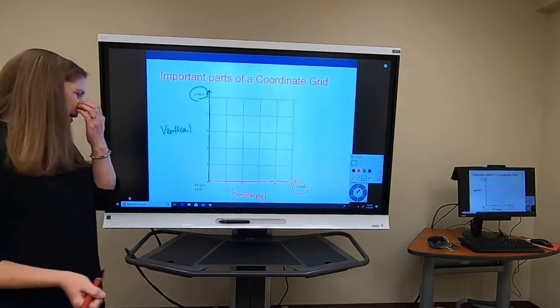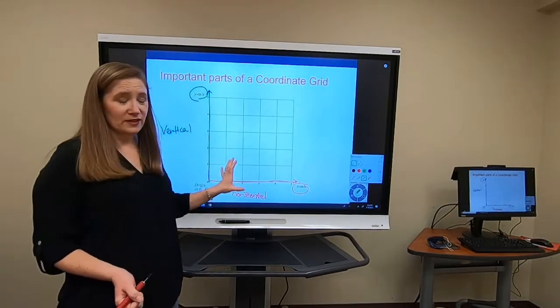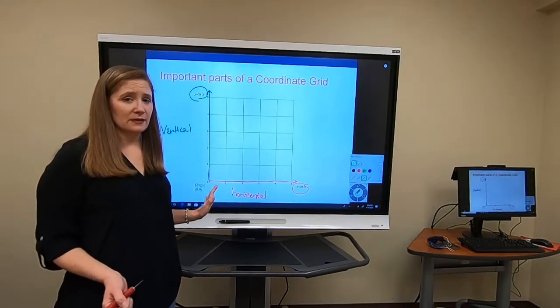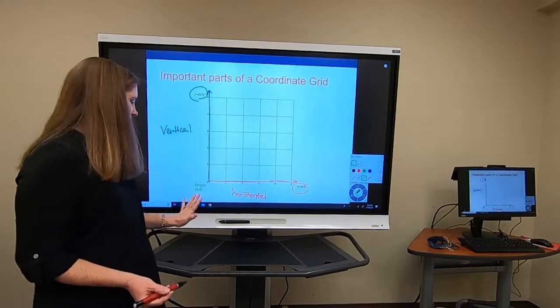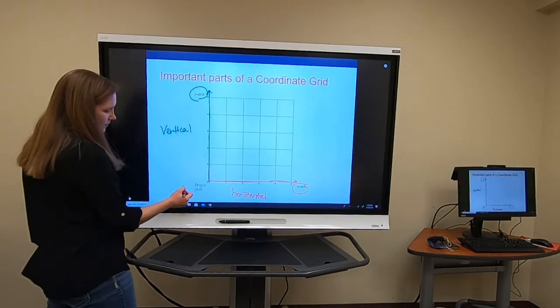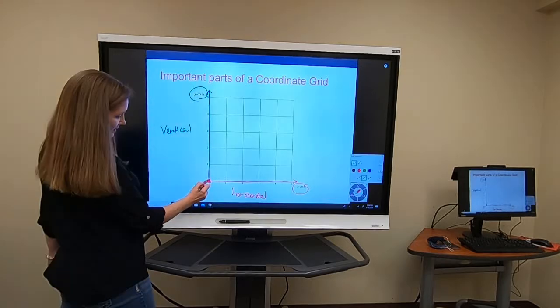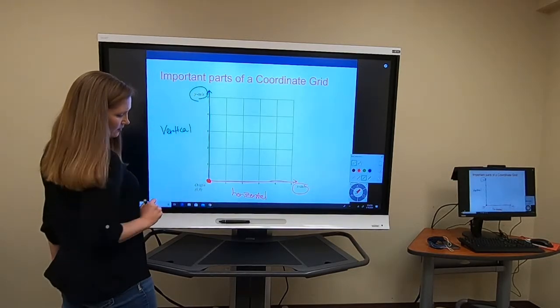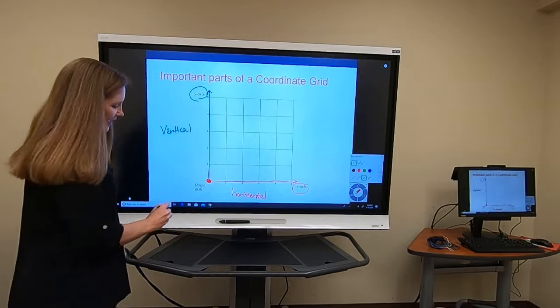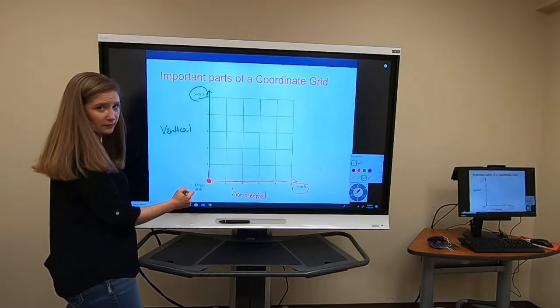Now we're going to talk about one of the most important points on this graph. I already have it labeled here, but it's called the origin. It is right here, this point right here. It is the origin. Notice it has 0, 0 here.